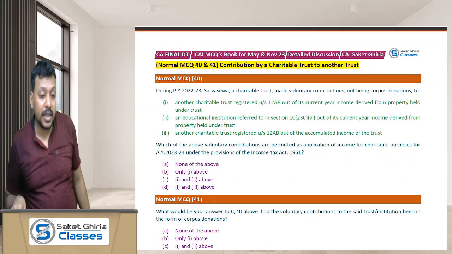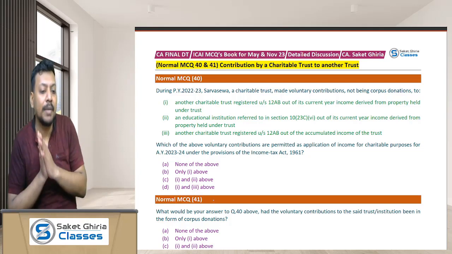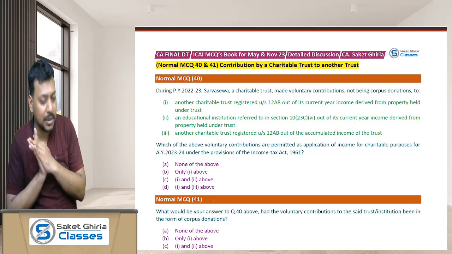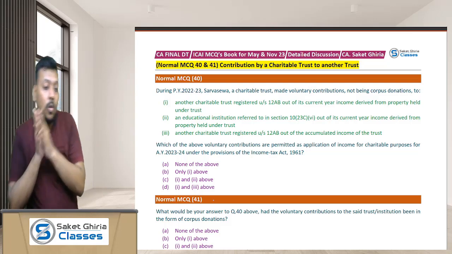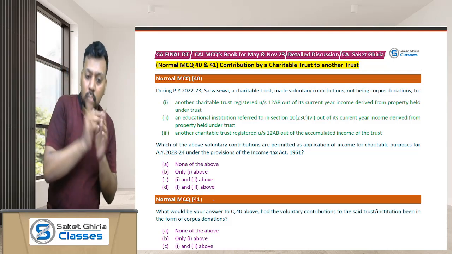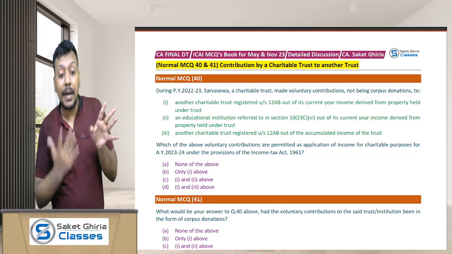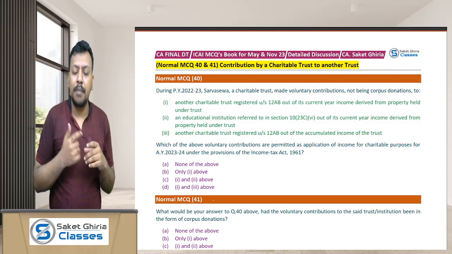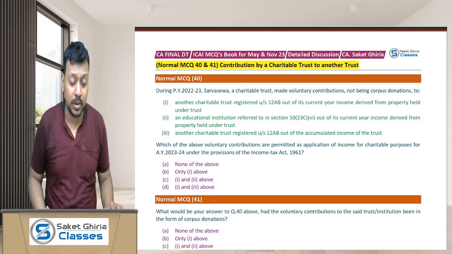Dear friends, if a charitable trust makes a contribution to another trust, the contribution amount can be considered as an application for the donor trust, but listen very carefully, only in the case where the contribution is out of the current income and for the purpose other than corpus donation.